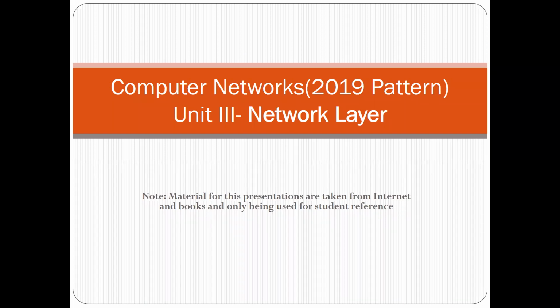As I already told you, the network layer is the third layer of the OSI model, and the network layer is responsible for creating the packets. In the second unit, in the data link layer, we studied that the data link layer is responsible for creating the frames. Those frames are now converted into packets.